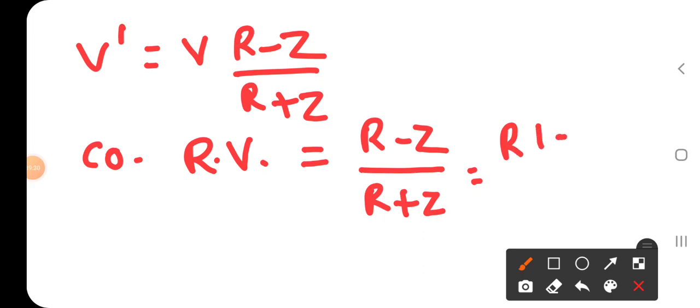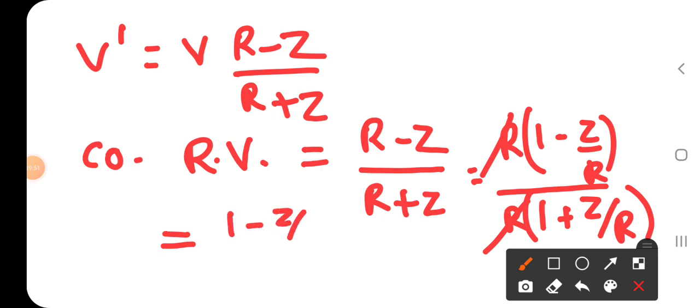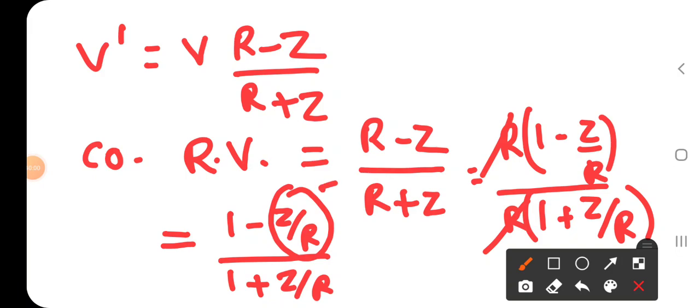Then R into 1 minus Z by R divided by R into 1 plus Z by R. R gets cancelled. So then the coefficient of reflected voltage is 1 minus Z by R by 1 plus Z by R. Now if you substitute R is equal to infinity, this term is 0 and this term is also 0. Hence the coefficient of reflected voltage is plus 1. You check in the table, the same thing you get.